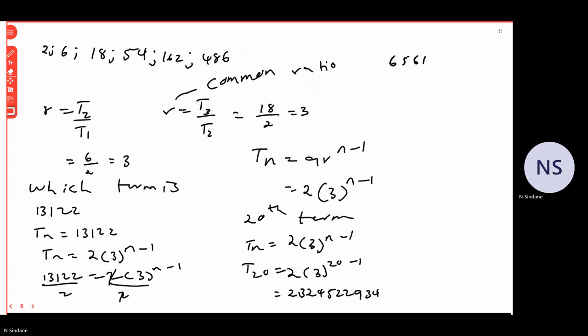And then I can now say 6561 equals, shift fact. I'm getting 3 to the power 8 is equal to 3 to the power n minus 1. Then bases are the same. I leave them out, deal with the exponents. 8 is equal to n minus 1. Then 8 plus 1 is equal to n. Therefore, n is equal to 9.